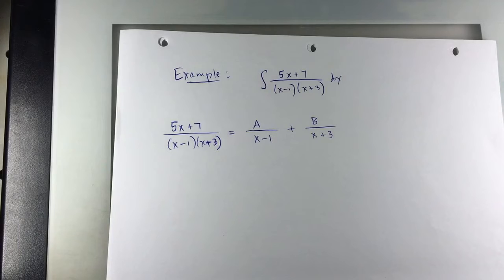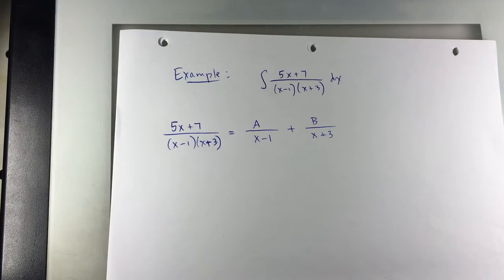And I do need to mention this. These denominators, x minus 1 and x plus 3, they are linear expressions. What does linear mean? Raised to the first power. The x is raised to the first power.